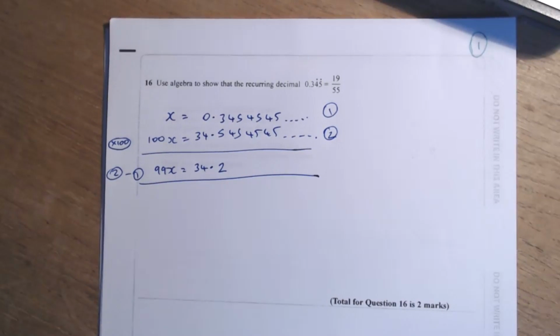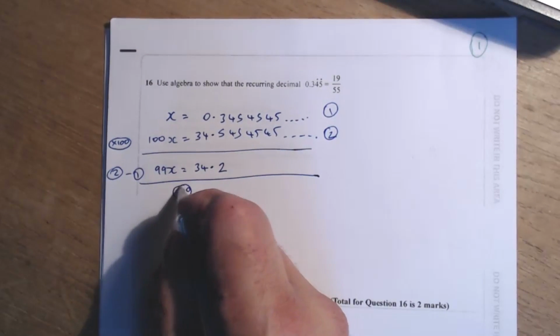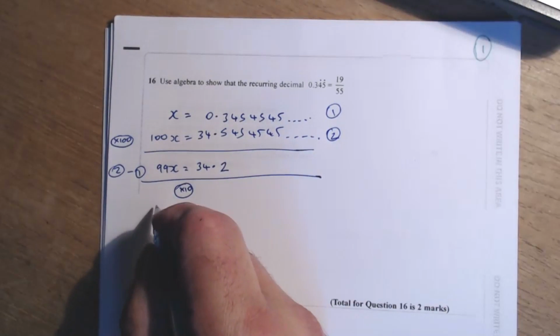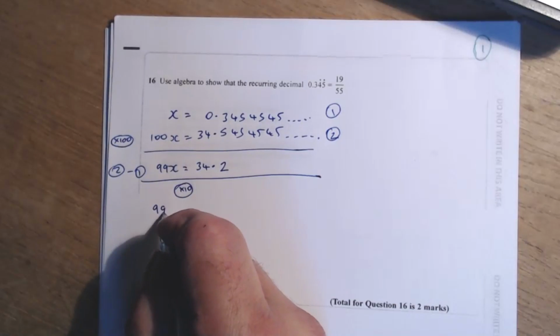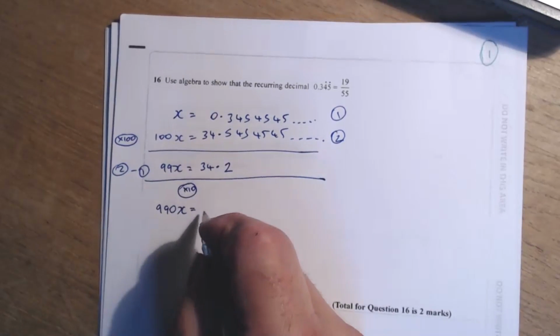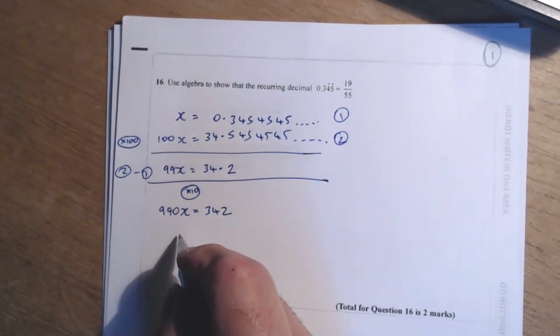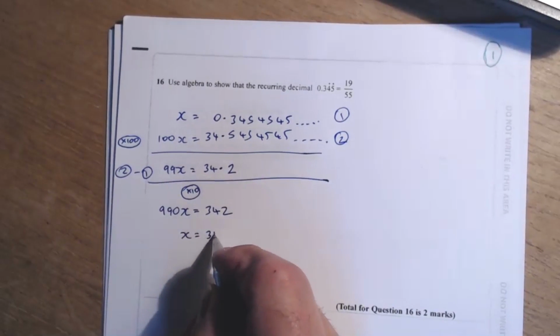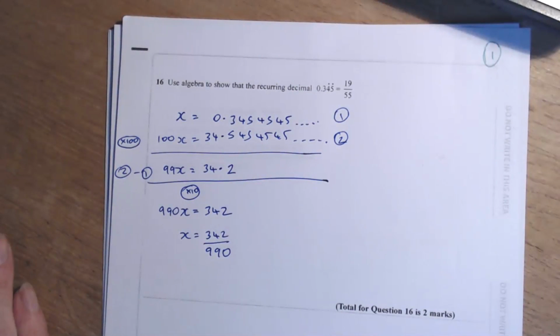We could divide through by 99 at this point, but it's a bit untidy to have a decimal amongst a fraction. So I think it's nice to multiply by 10 at this point, so that we lose the decimal. We get 990x equals 342. Then if we divide by 990, we get x equals 342 over 990, and then we just have to simplify this down.